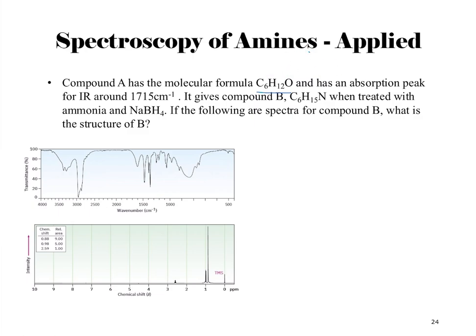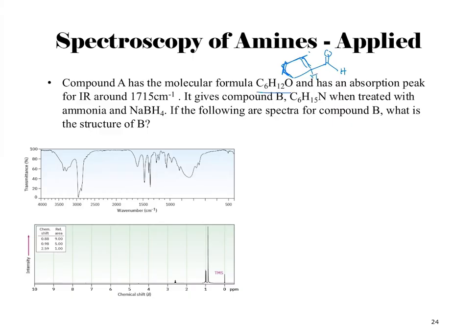Sorry, I mean, we have a 6 carbon and 1 oxygen. That means we should have 2 protons at each position. So I'm thinking that it'll be a pentane ring, not a benzene type ring, where we have an aldehyde.